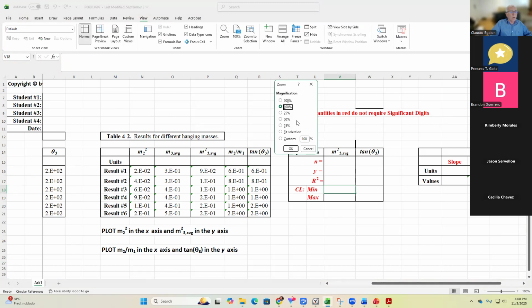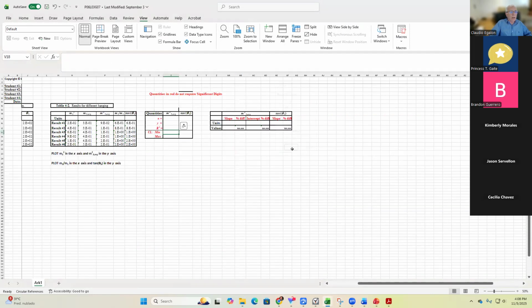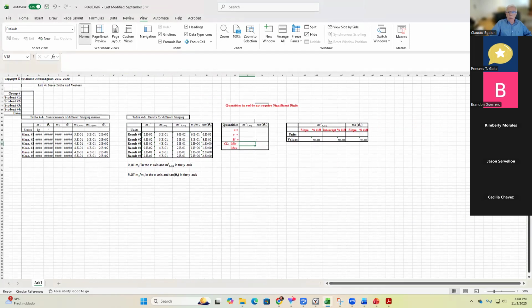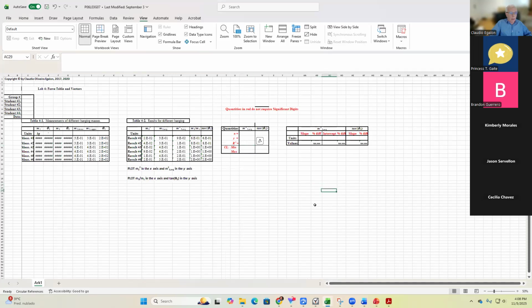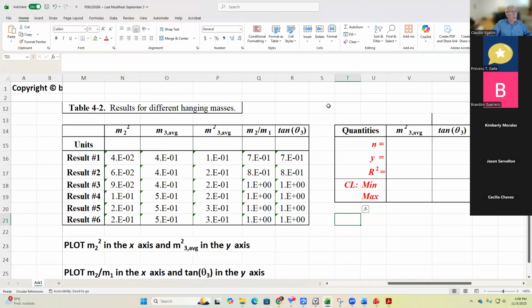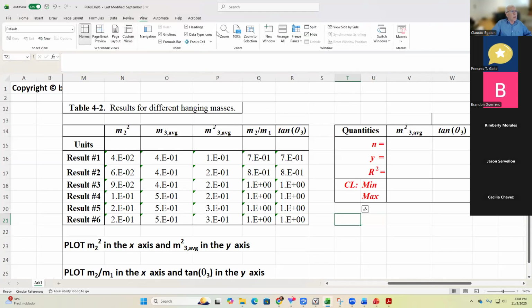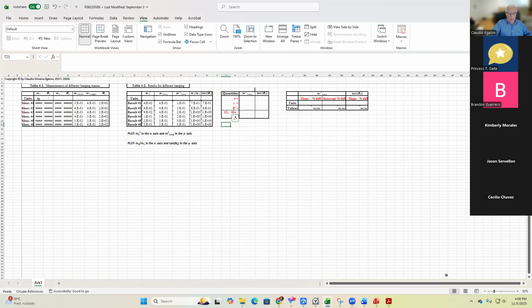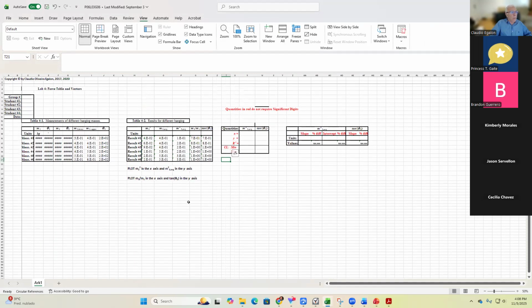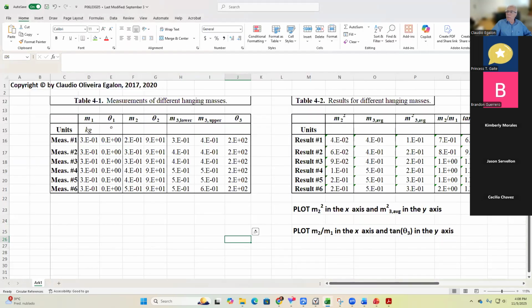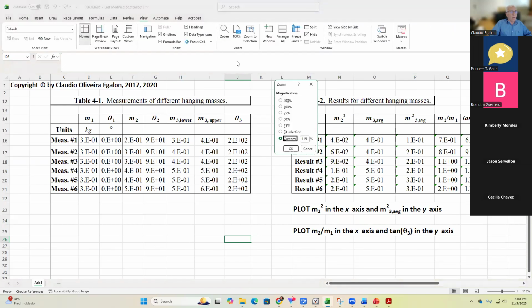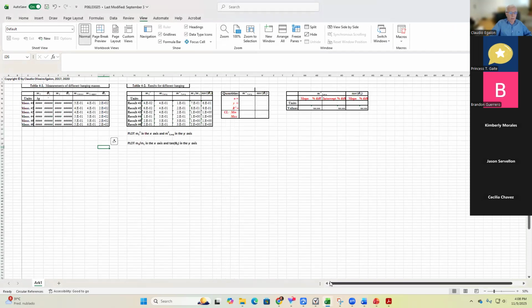One more here, 50%. One more view, 50%. Clean, clean.